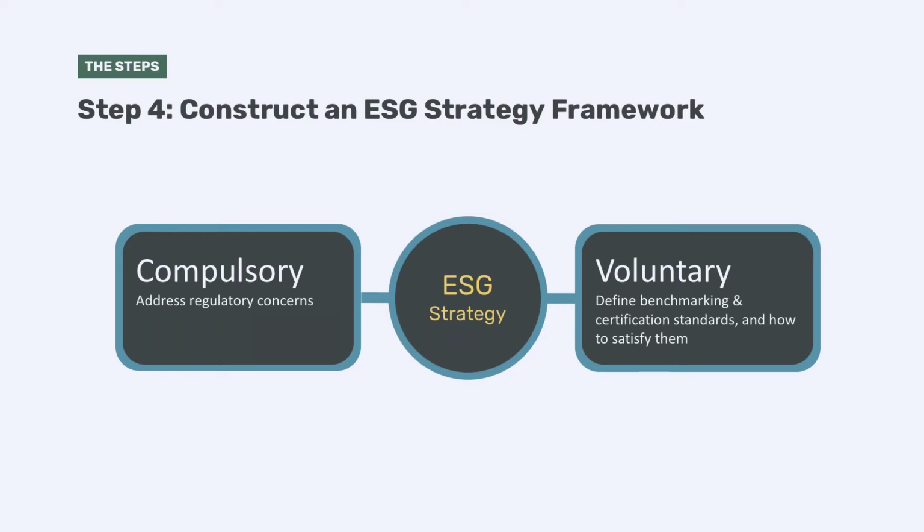For compulsory requirements, based on where your assets are located and their sizes, you might have benchmarking ordinances, for example, that are city, state, or regionally specific that you're required to comply with. On the voluntary side of the scale, you may have your own certification standards or benchmarking standards that you agree to as an organization. Again, things like Energy Star, LEED, BOMA 360, and even GRESB.